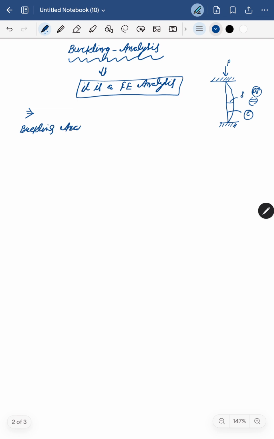Buckling analysis can be both static and dynamic.